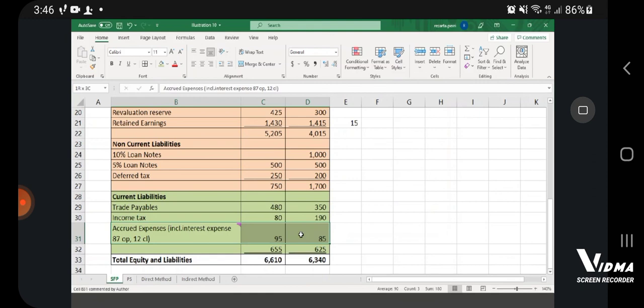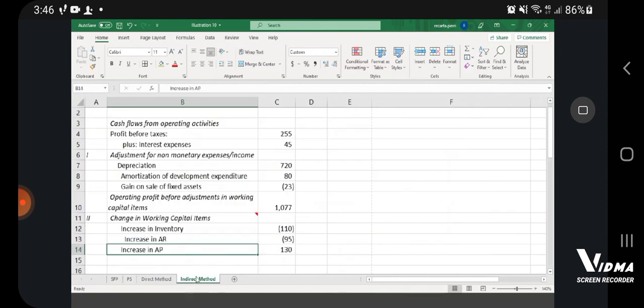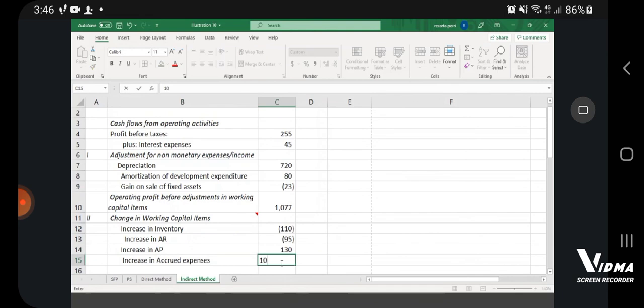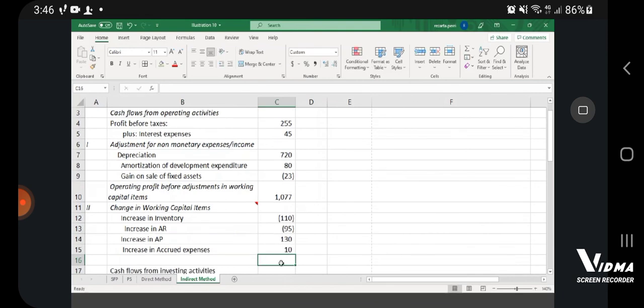The same thing with interest expenses paid a little bit later, but again, remember the increase in the accrued expenses right now, that is also to be included over here. Increase in accrued expenses. Remember that it was 10. I'm not repeating the same ideas and arguments again.